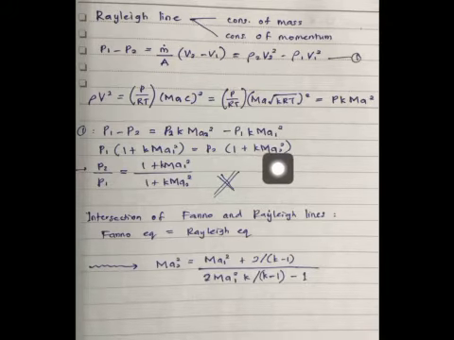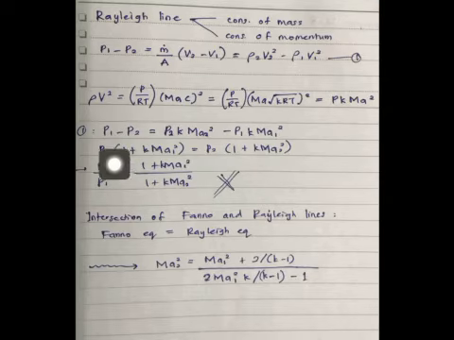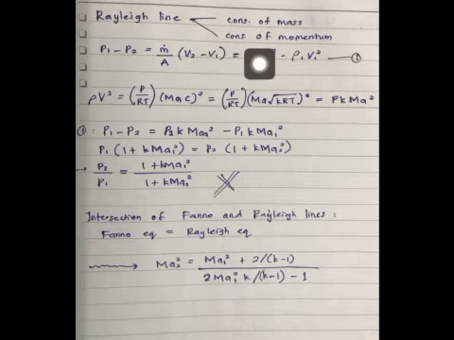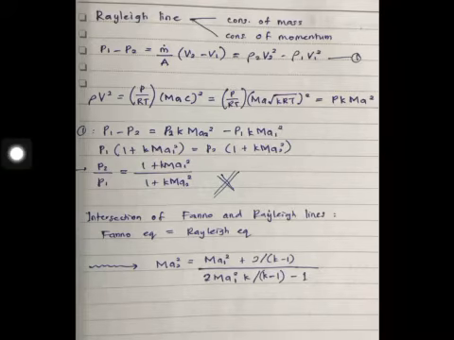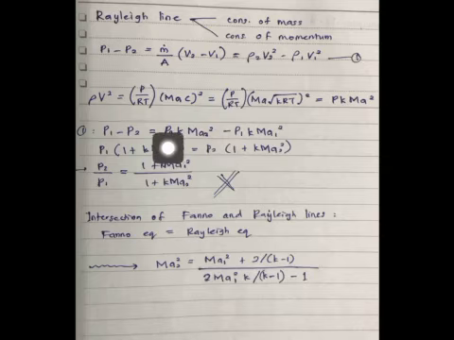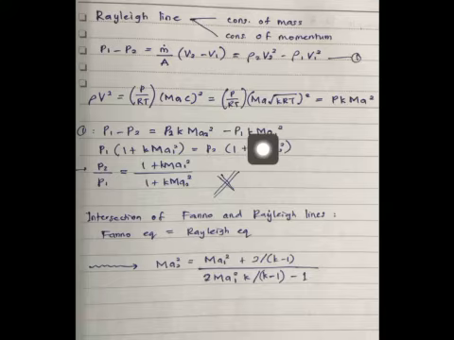And then when we go back to equation 1, where P1 minus P2 is equal to this equation, we put the PV squared into this formula, which is P k Mach squared. So considering the locations 1 and 2, P2 k Mach 2 squared minus P1 k Mach 1 squared.